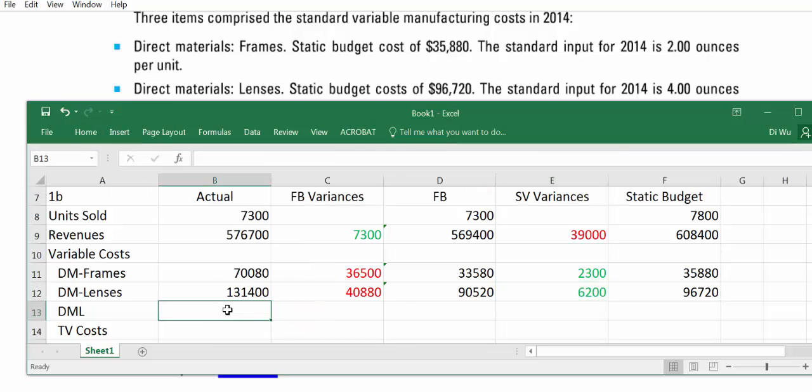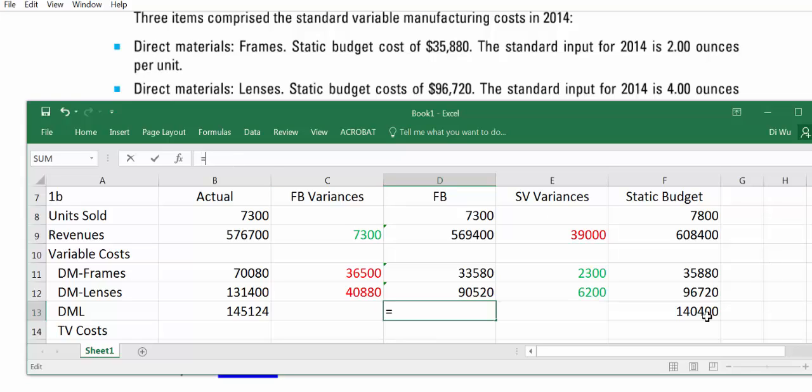Now let's go to the direct manufacturing labor cost. Once again, I think this number is given, so I'm just going to copy down that number: 145,124, and right here we have 140,400. Now let's find the flexible budget.